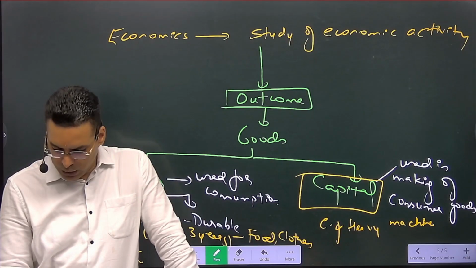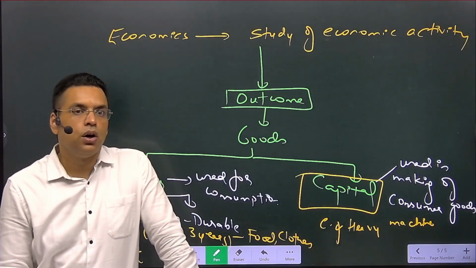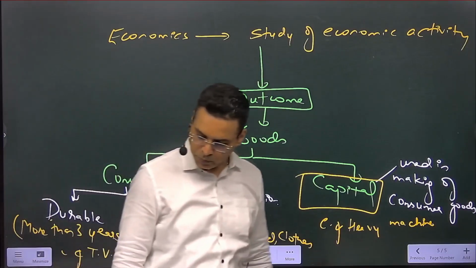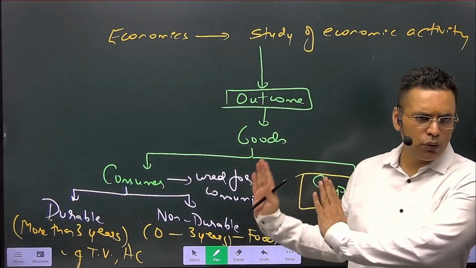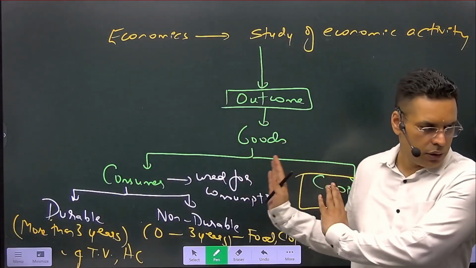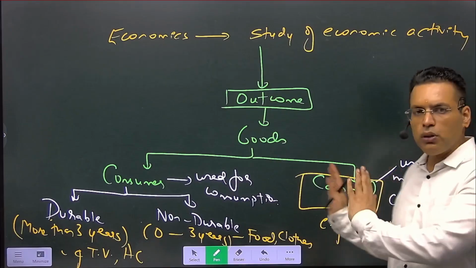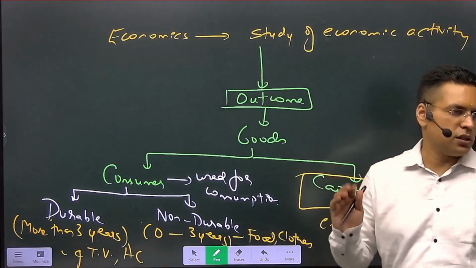Consumer goods are used by ultimate consumers for consumption purpose. ठीक है? So this is the concept of goods. Two types of goods, consumer goods and the capital goods. ठीक है? Now we'll talk about the nature of good, कि उसका use कैसे होता है.